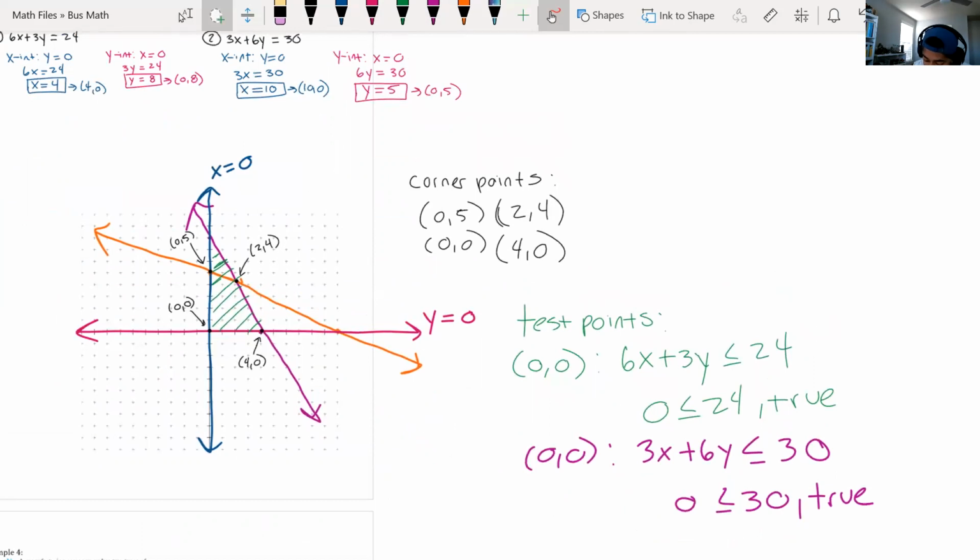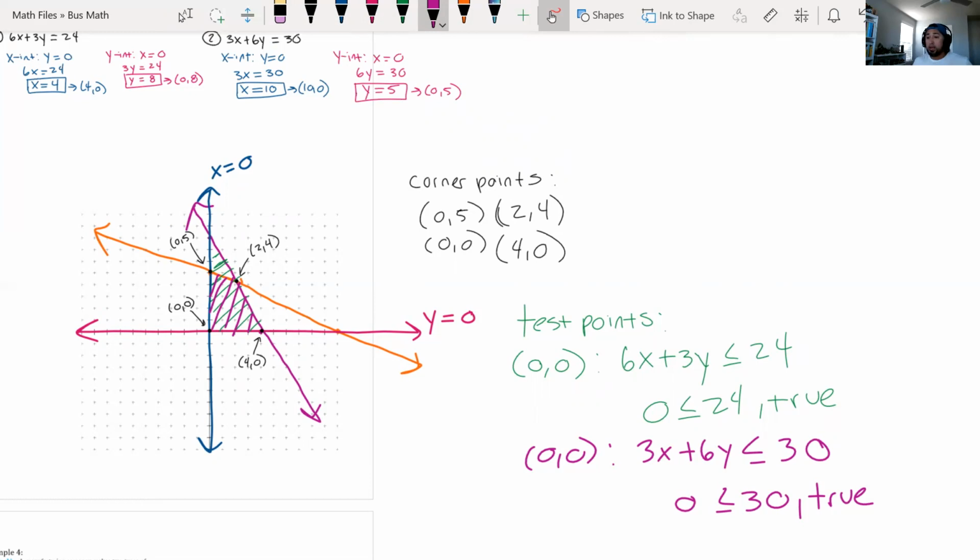I don't want to use purple again, though. I'll just use red. I mean, for the orange line. So we would shade. Actually, no, purple would be good then. So down, down, down. Okay.